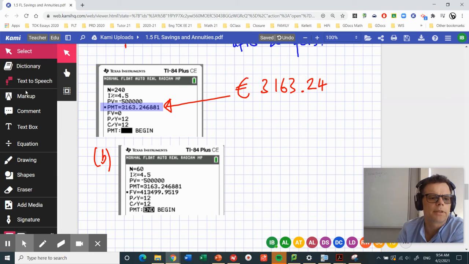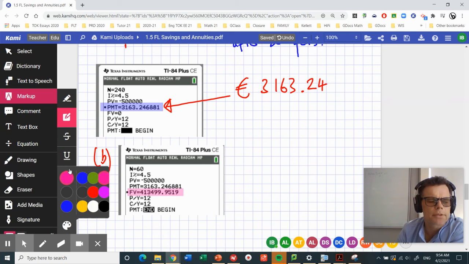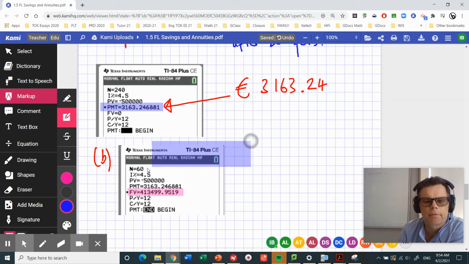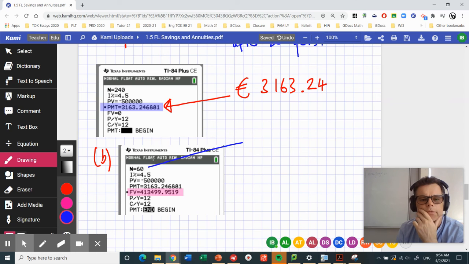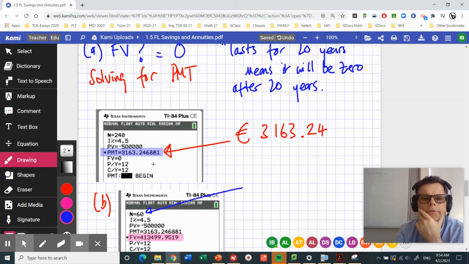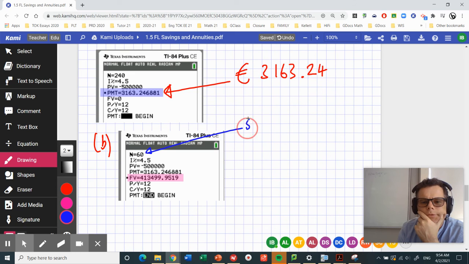There we are. That's it. And that's how you do it. So I'll make some notes there just to make sure you know what I'm doing. It says after 5 years. Yep, 5 years, so 5 times 12. The rest hasn't changed.